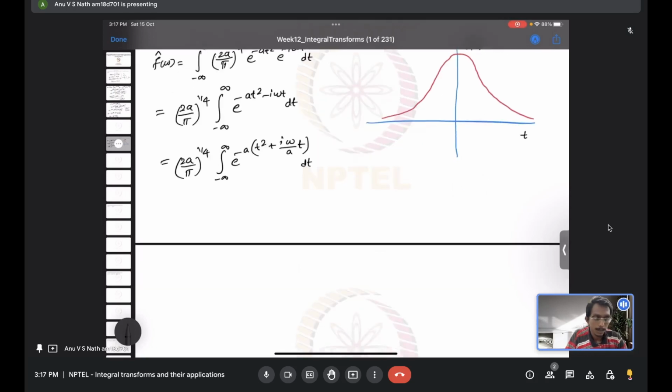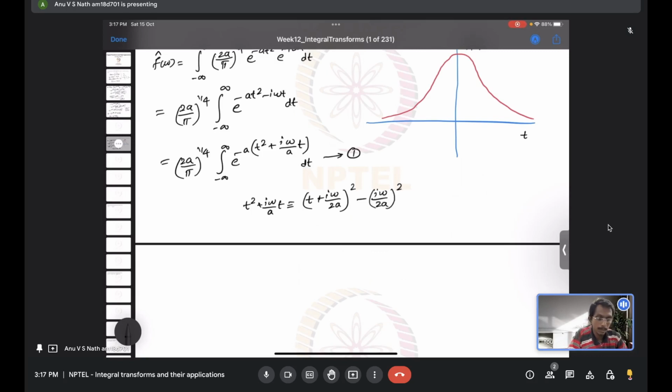We need to complete the squares. So t square plus i omega t by a can be written, using the completing square technique, as t plus i omega by 2a the whole square minus i omega by 2a the whole square.